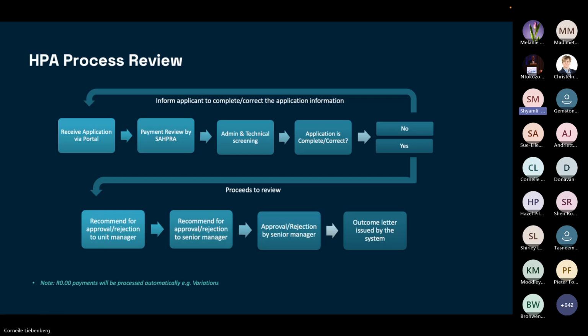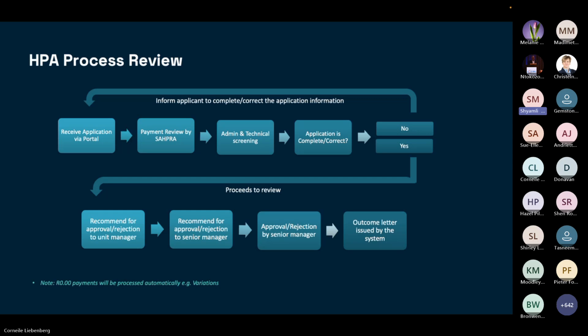And here we conduct an abbreviated review based on our internal SOP, and the technical screener and initial reviewer then recommend the application for approval or rejection to the unit manager.